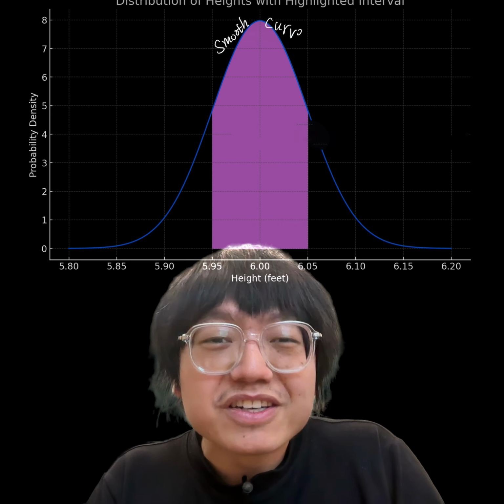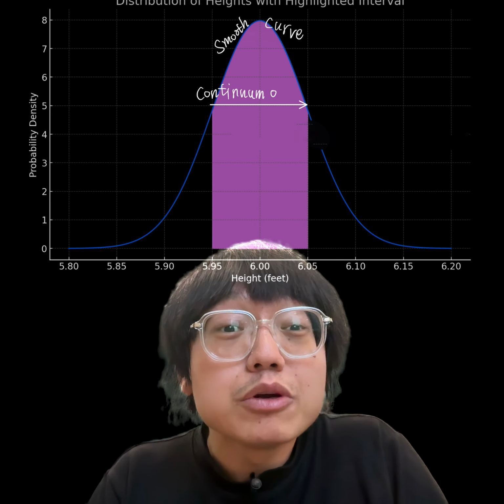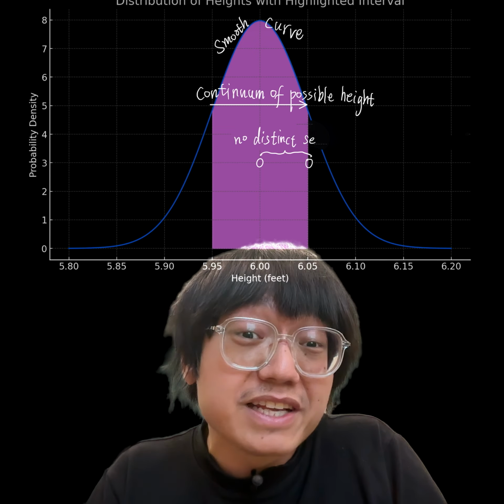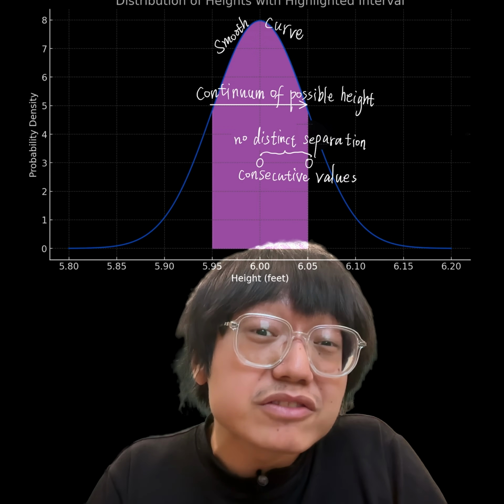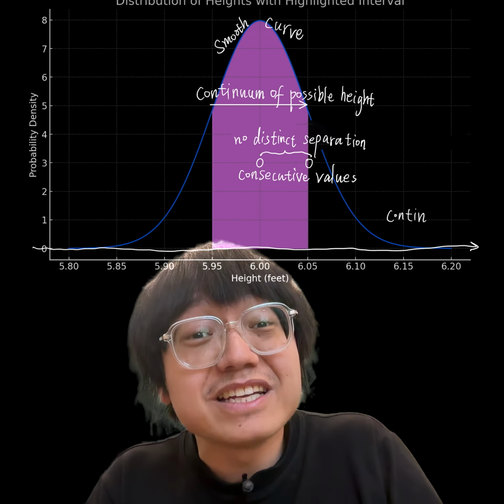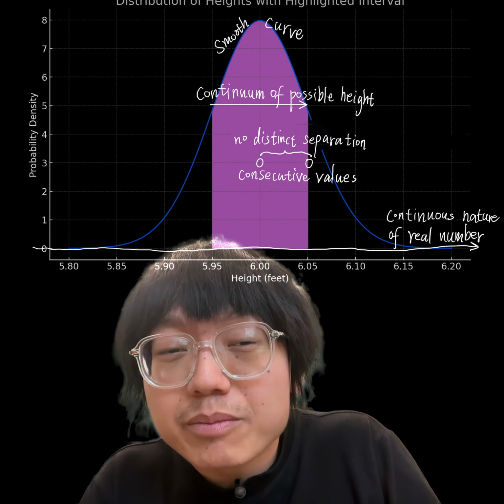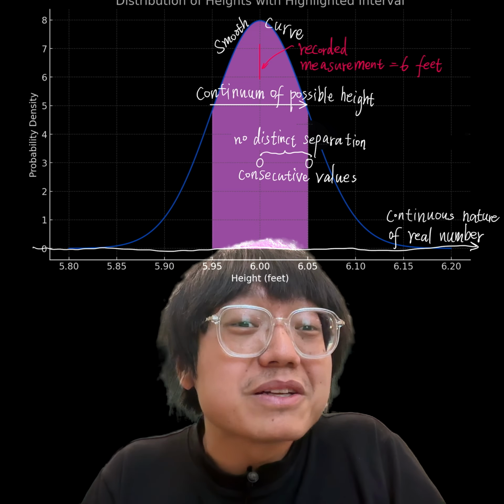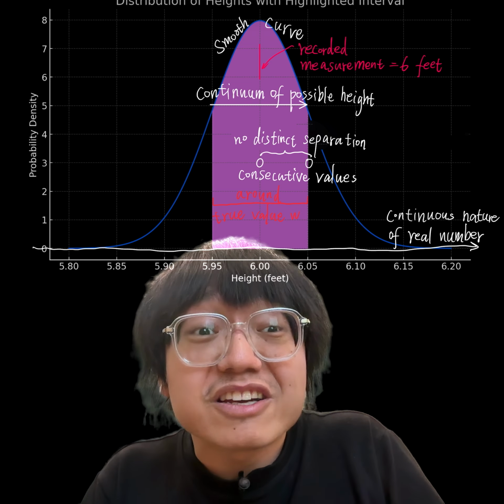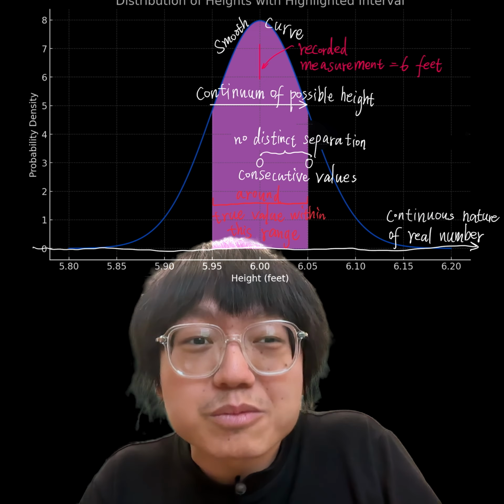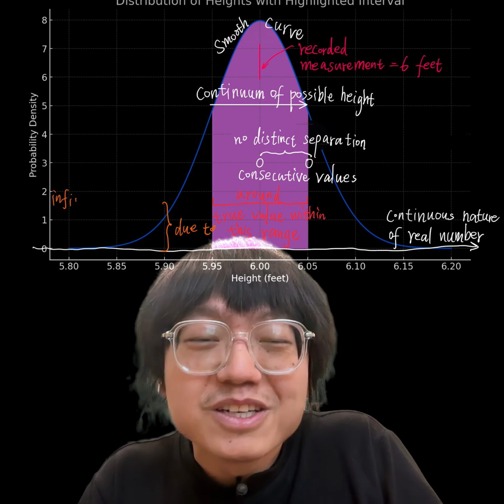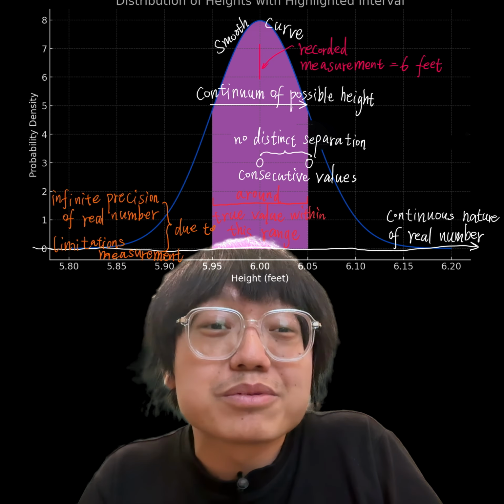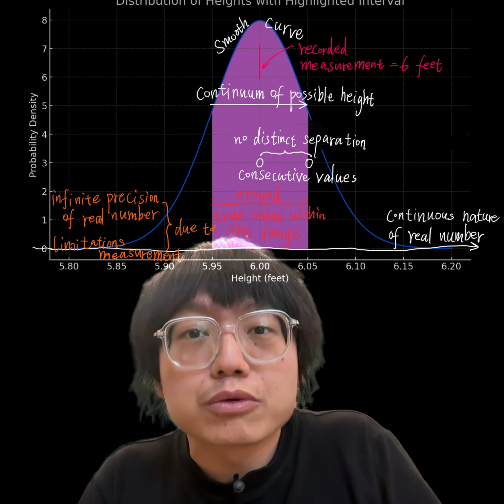The smooth curve of this normal distribution represents the continuum of possible height measurements, so there is no distinct separation between consecutive values, which highlights the continuous nature of real numbers. Although the recorded measurement might be 6 feet, the true value could realistically be any value within a small range around it, due to the infinite precision of real numbers and the practical limitation of measurement tools.